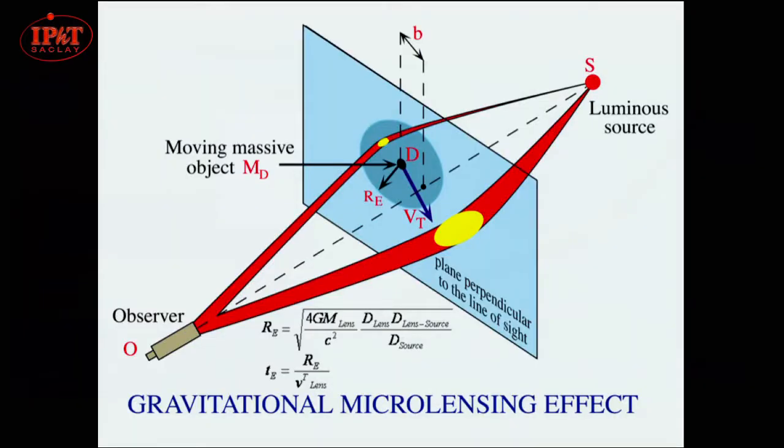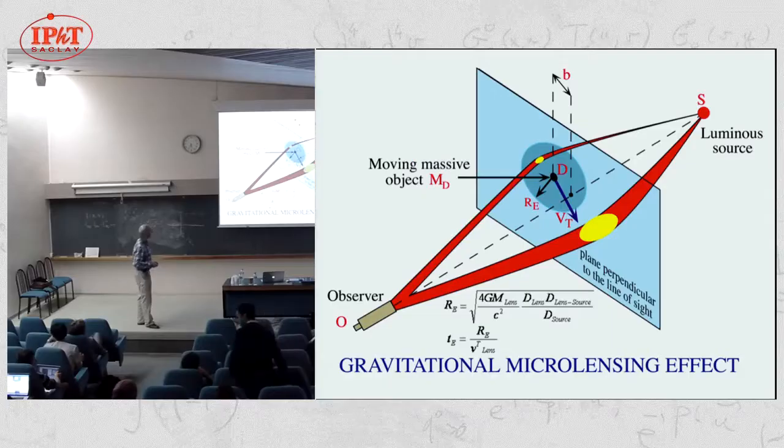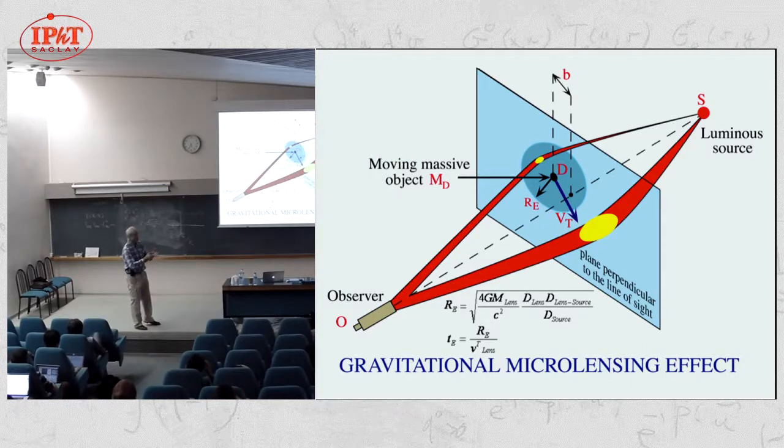So this is a sketch of a microlensing event. In the case of a massive compact object, it has to be compact because the Einstein radius has to be larger than the matter radius.